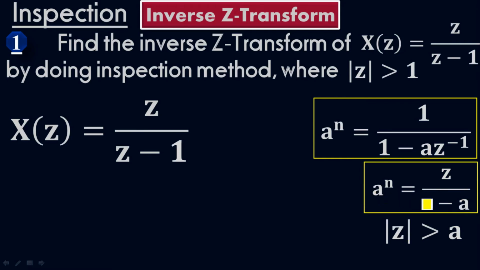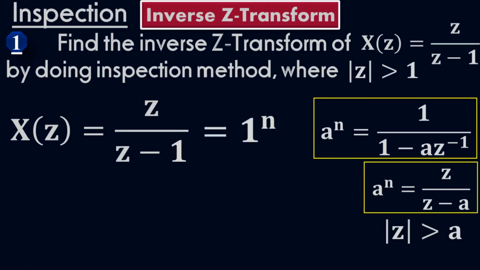So apply the exact logic here. What is my a here? My a is 1. So can I write 1^n? Because look, a^n equals z/(z-a), and my a is 1 here. So for the a, I'm going to plug in 1. Therefore, I can write that z/(z-1) equals 1^n.